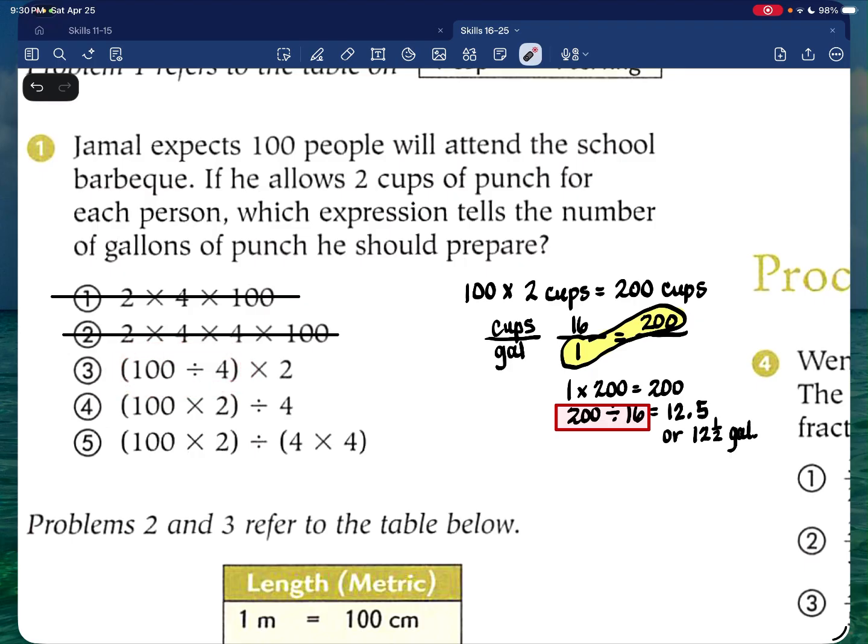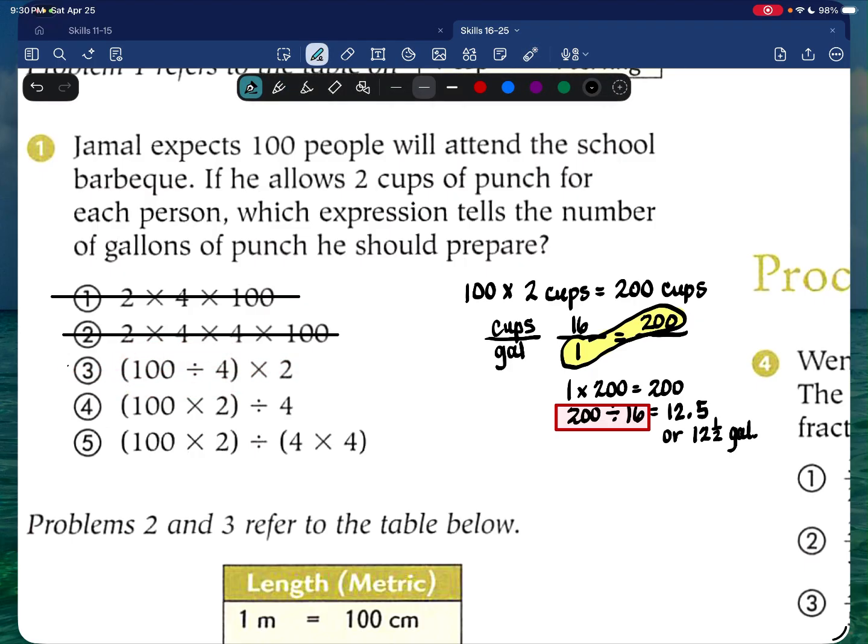That is not what I need. So that one comes out. Number 4, I do get the 200. All right? But it's not divided by 16. It's divided by 4. So that's not my answer.